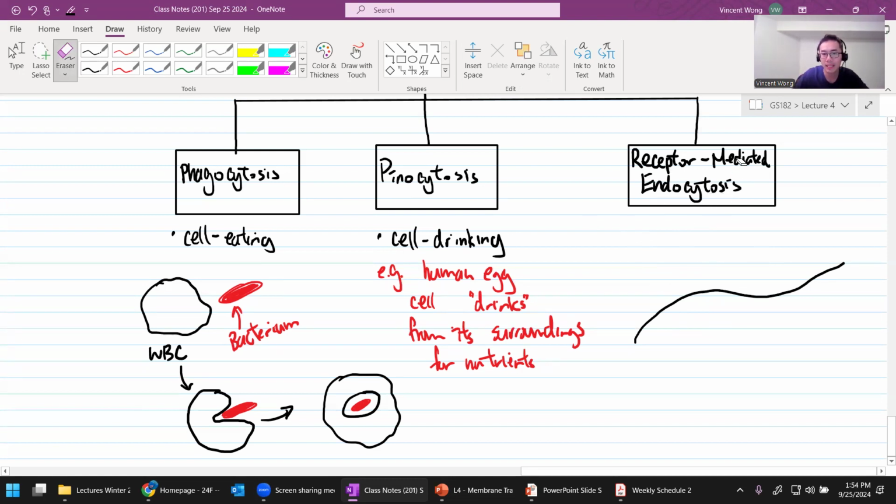So in receptor mediated endocytosis, first of all, we're bringing things in, but we are a little bit picky about what to bring in. Okay. So on the surface of the cell, there are these special receptors. They are membrane proteins, but they're a little bit different from the receptors for relaying signal. These receptors have a specific shape. So only molecules that match the particular shape will be able to bind to the receptors.